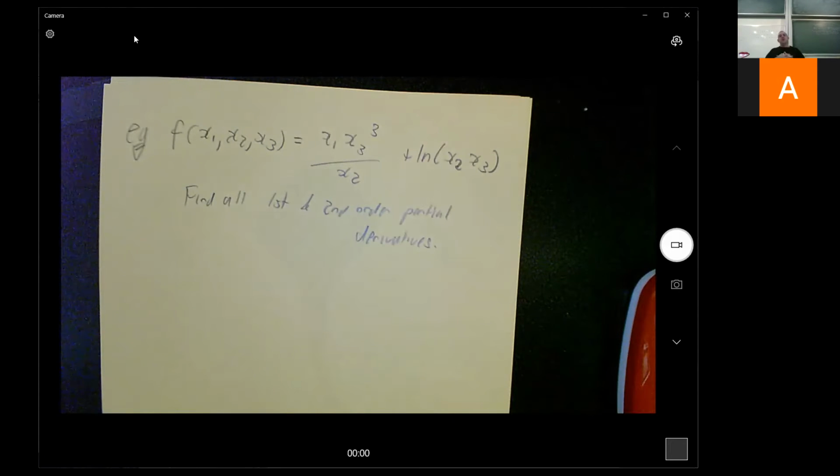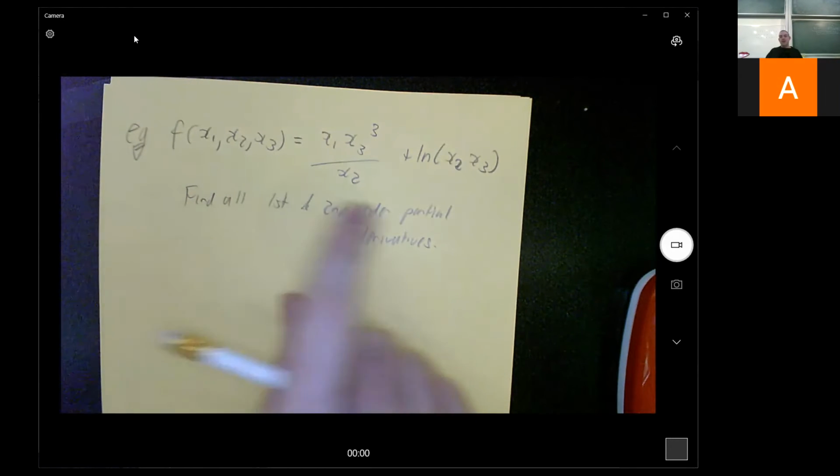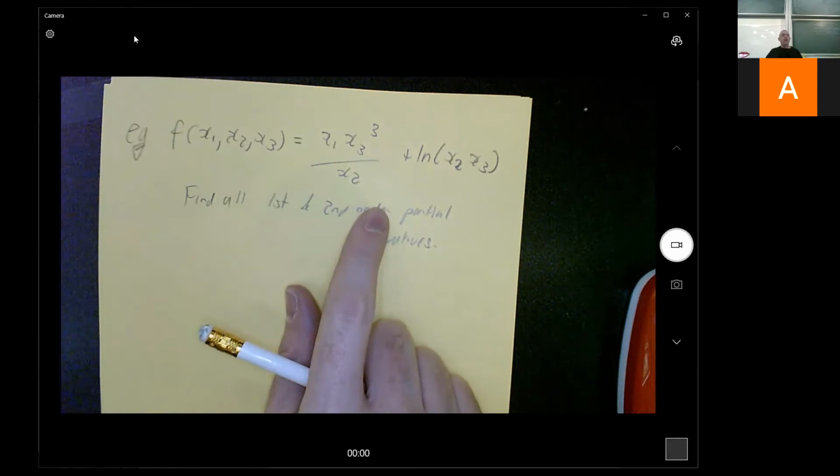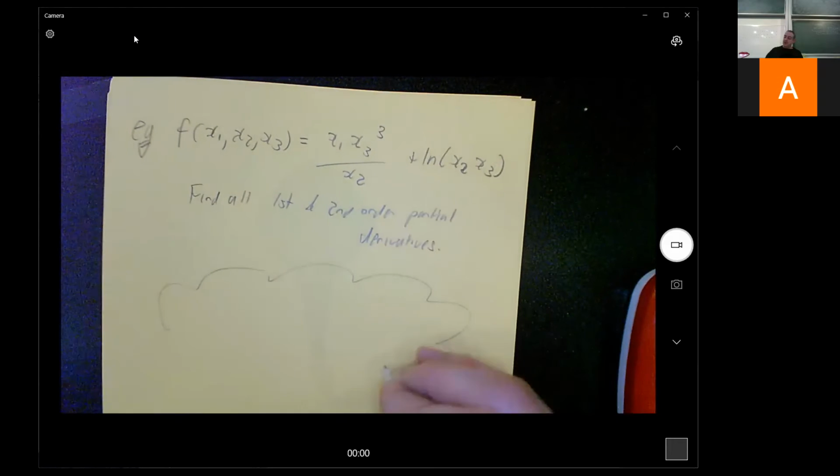So partial derivatives are designed to figure out how quickly the function value changes when one of the variables changes, but the other ones stay the same. So this is just the general idea. This is what I'm thinking in my head.